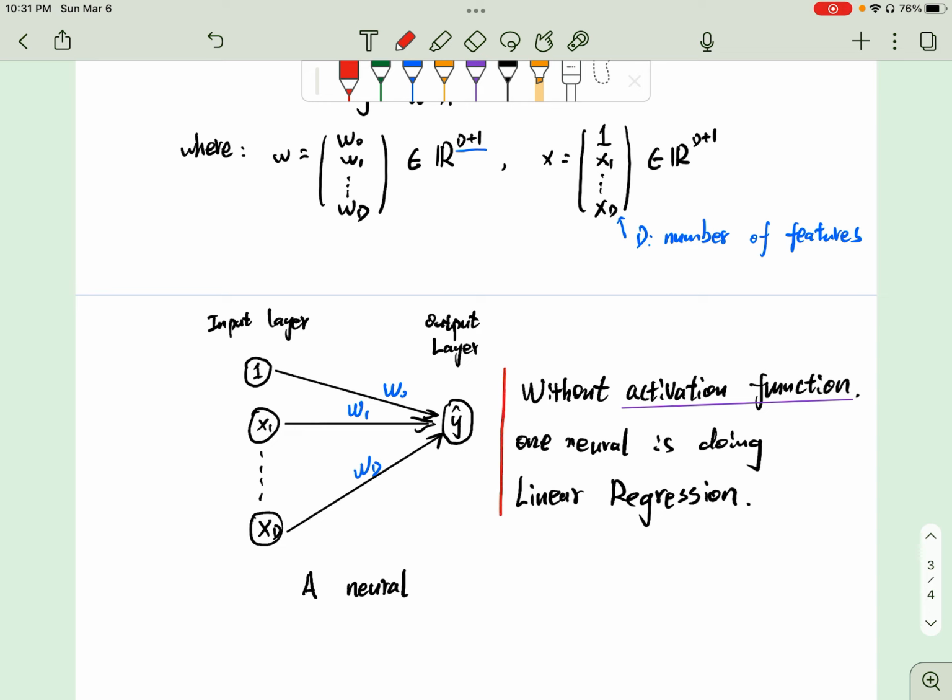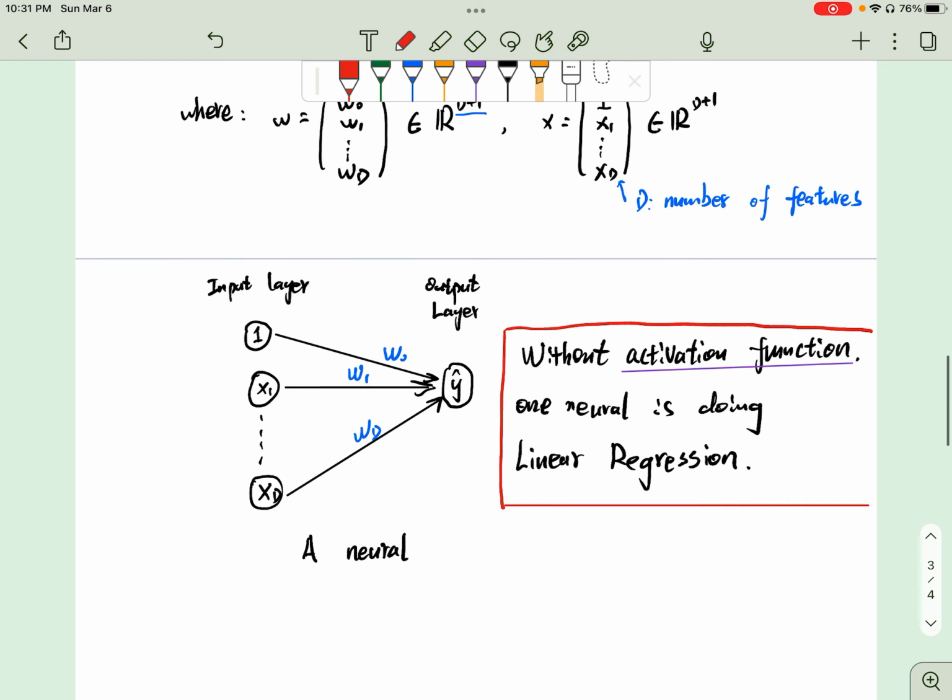I think this sentence explains why linear regression is important, because without an activation function, one neuron is doing a linear regression problem.